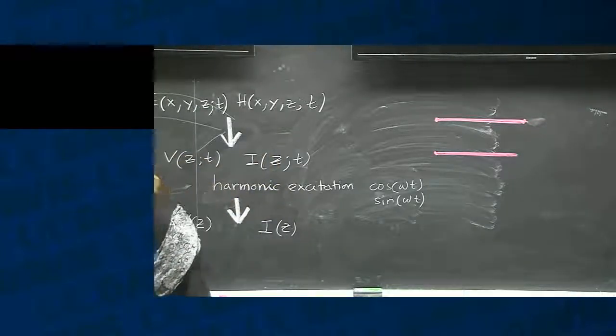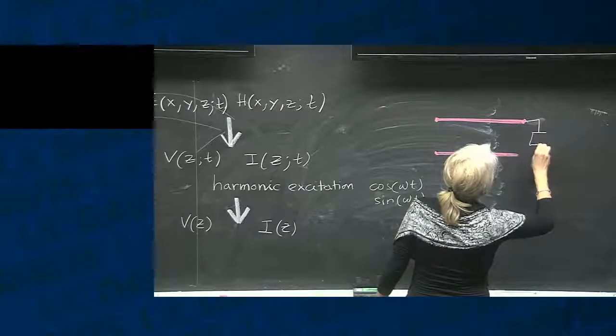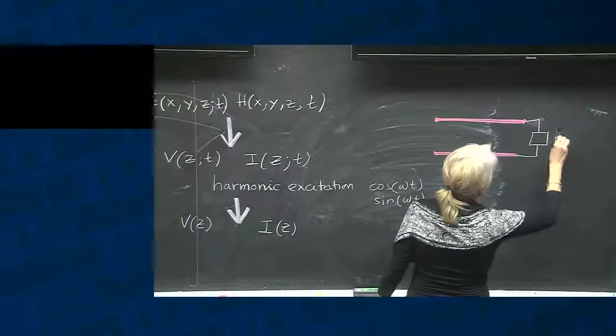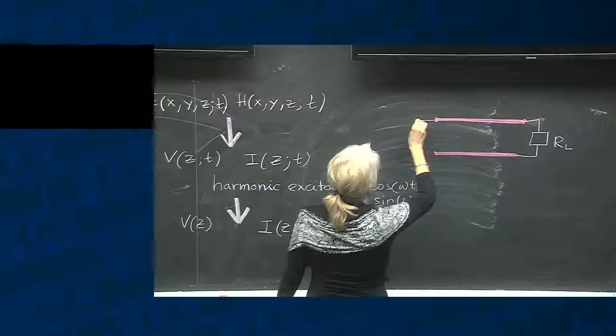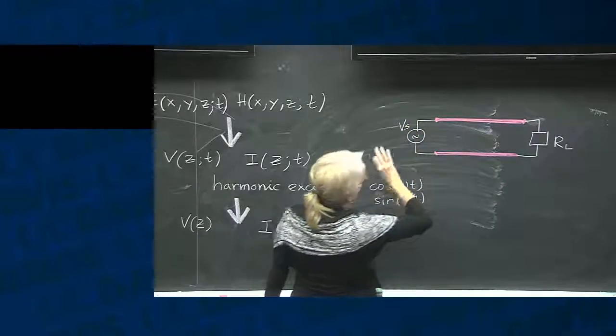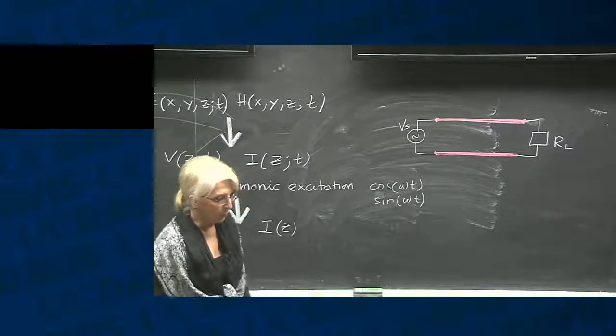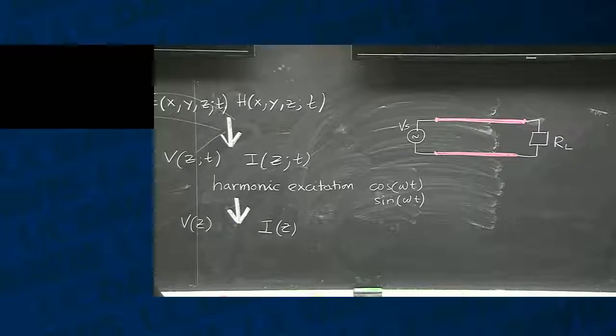Smart people. Okay, so here you can have a load, and then here you can have your source. All of this in the phasor domain. And now we have a one-dimensional problem to solve, and we can do wonders with this.